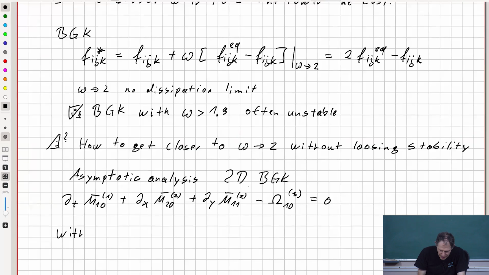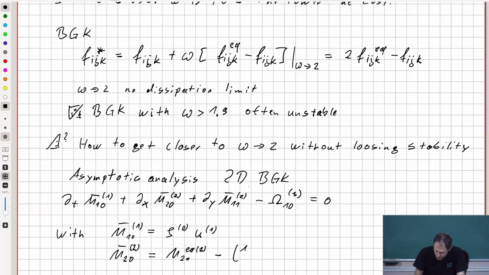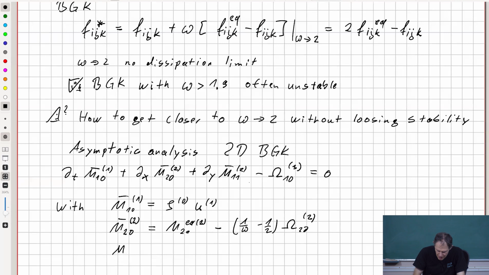And inside this, we had that m10 to the first order is rho 0 and u to the first order, and m20 over bar to the second order was m20 equilibrium to the second order minus 1 over omega minus 1/2 times omega 20 to the second order, and m11 to the second order, m11 equilibrium to the second order minus 1 over omega minus 1/2.